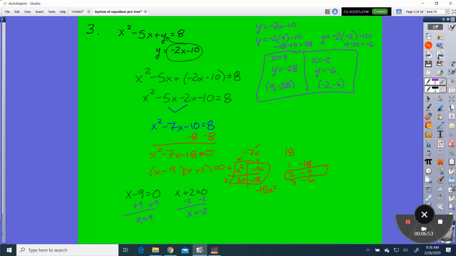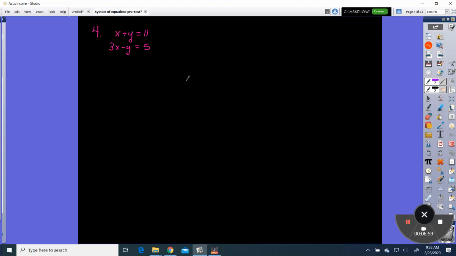Okay. Now the next four questions say use elimination. A little bit easier. It won't take as long, especially if they're set up like number 4 is. Those are set up so that if I added these two equations together, the y's would disappear. So 1x plus 3x is 4x. The y's go away, and I get equals 16.